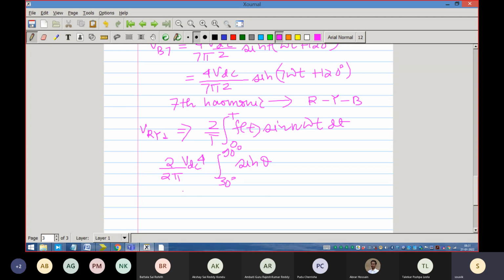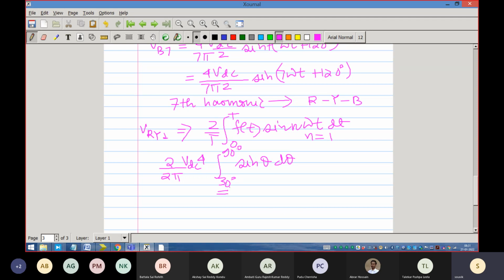So after taking out VDC, f(t) has become equal to 1. After taking out omega t, I have got n is equal to 1 in this case for the fundamental component. So sine theta d theta we are integrating.